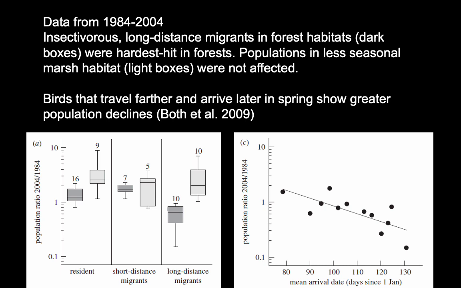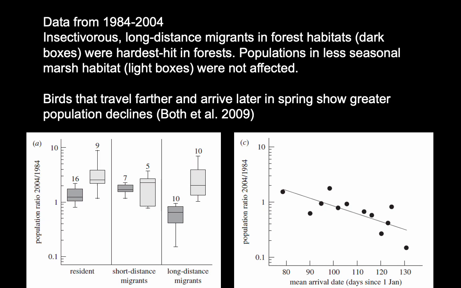Right? Because there could be other reasons why these populations are declining, but the fact that they're declining in the ways that we would predict if phenological mismatch was a problem, we're seeing it. If phenological mismatch is a problem, we should expect that those late-arriving species would have the biggest problem. We see this on the graph on the right. We would expect the long-distance migrants to have the hardest problem with this, and we see their populations declining.